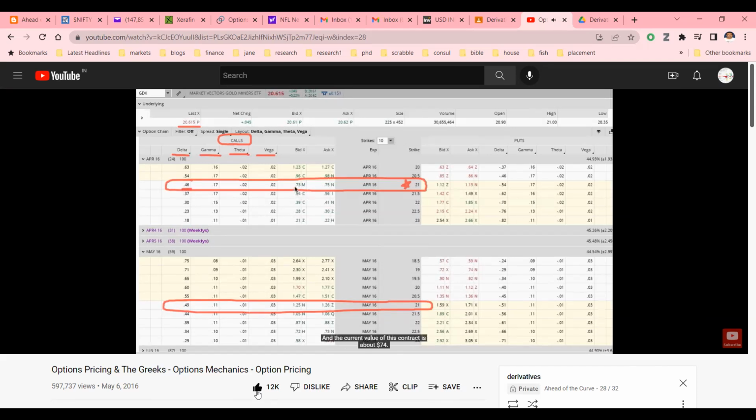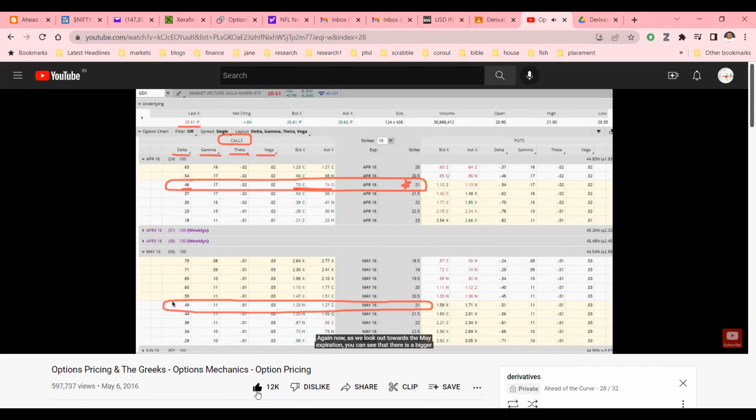Now, the current value of this contract is about $74. This is a bid and ask spread here. So it's currently valued about $74. So if the stock goes up by $1, then this option contract should go up by $46. Okay, so again, you can see the impact that delta has. It gives you a barometer for how much money I make for every $1 move up in the stock.